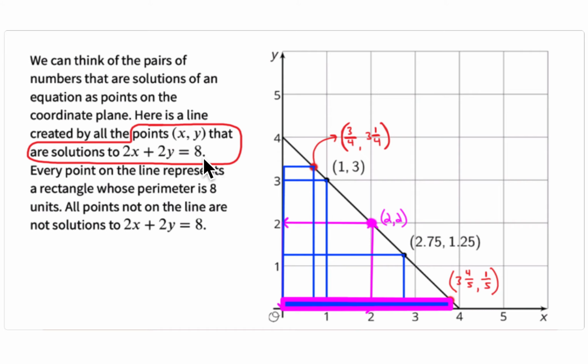Draw a rectangle, you will get a perimeter of 8 units. When the rectangle begins at (0, 0), one vertex or one corner is at (0, 0), and the diagonal, draw a line through the center to the opposite vertex. If that point is on the line, then you have a perimeter of 8 units.